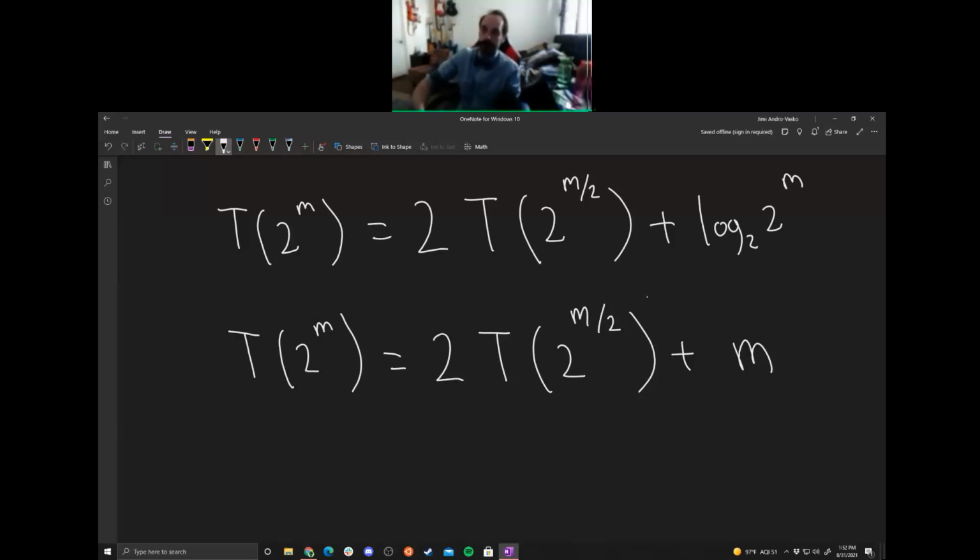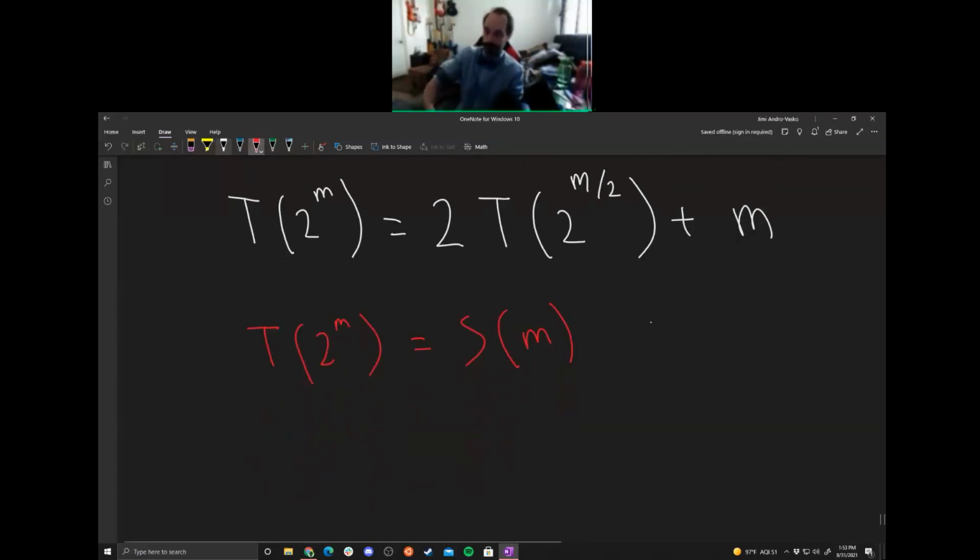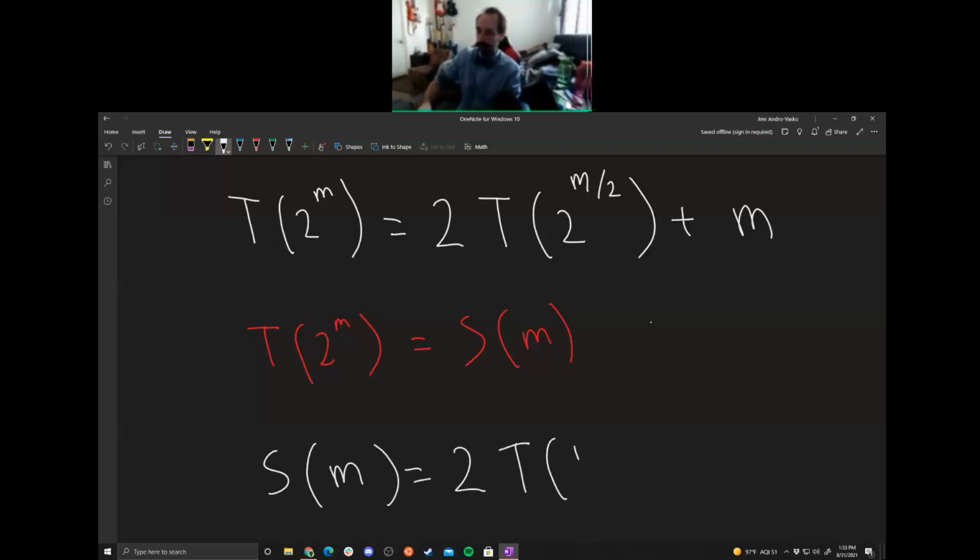Now we're going to replace these two recurrences with S(m). So we set T(2^m) equals S(m). We just have to rename this recurrence. So what's going to happen is we're going to have S(m) equals 2 times S(m/2) plus m.